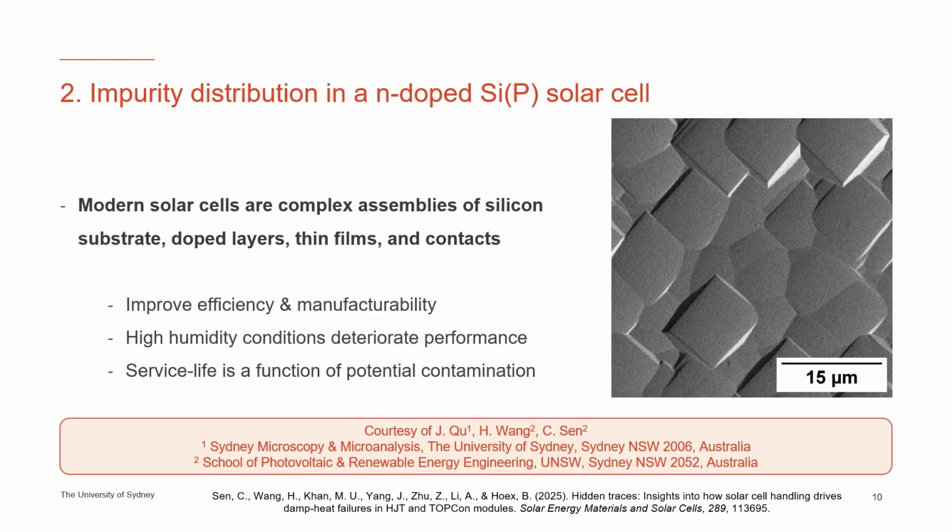On the right-hand side, you see a micrograph of what these solar cells look like on the micron scale. However, to learn more about their functional properties, I recommend following the work by Hao-Ran Wang and Chandani Sen from the University of New South Wales.